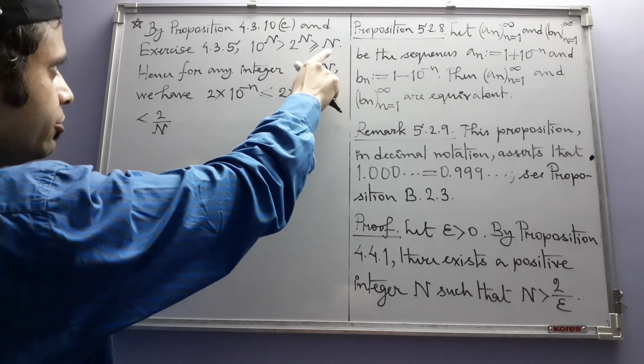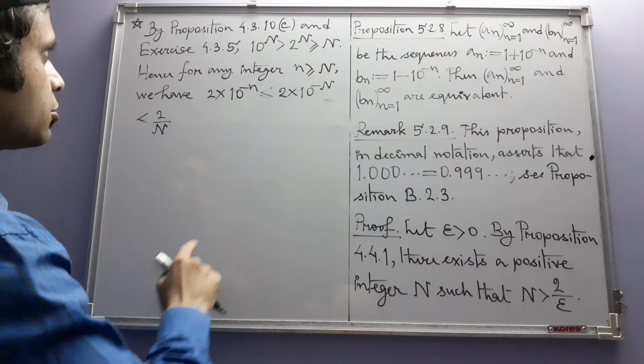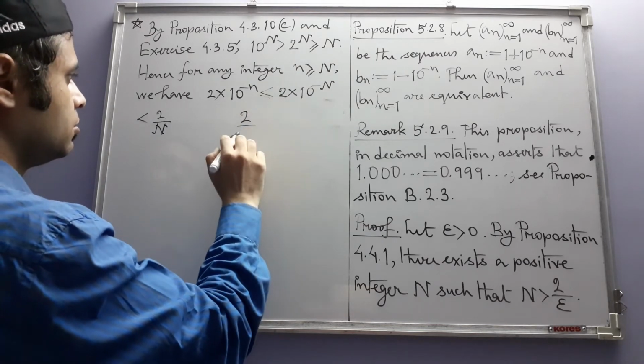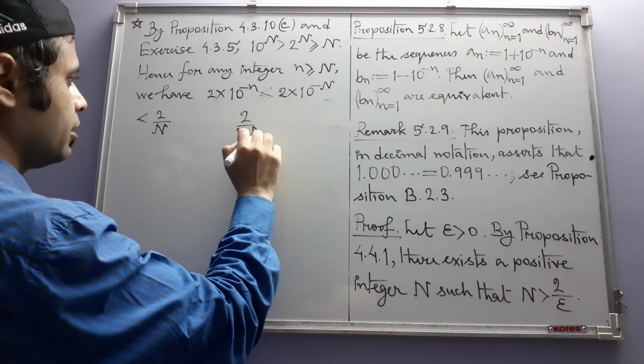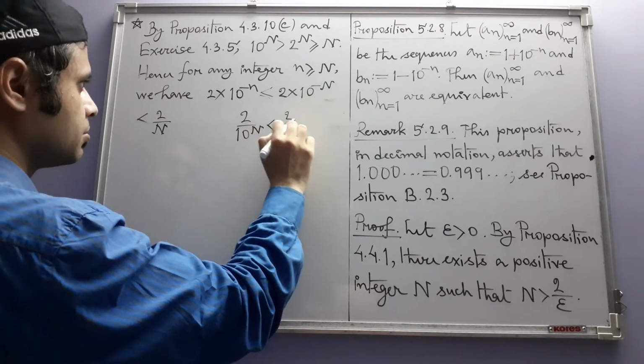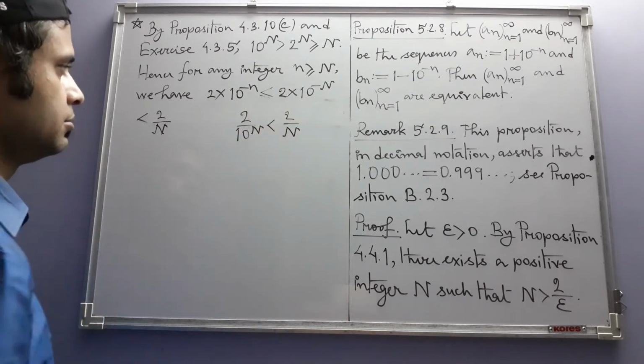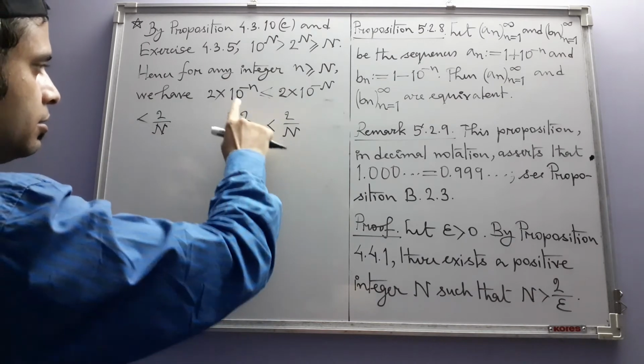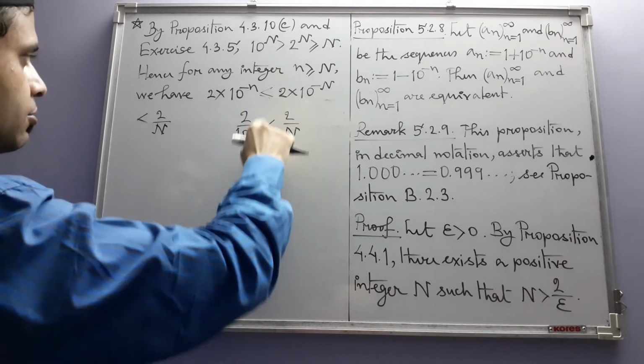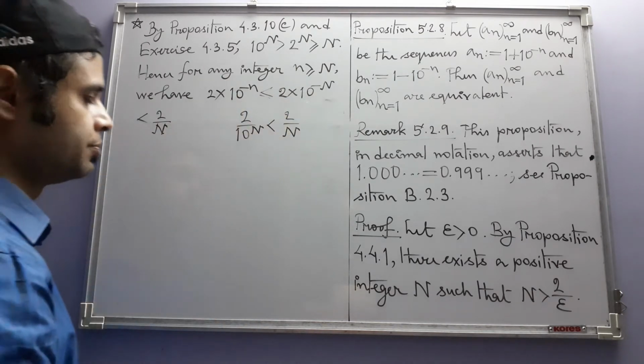Anyway, 10 to the power N is greater than N, so 2 divided by 10 to the power N is less than 2 divided by N. So this thing on the left side is this and 2 by N is here.